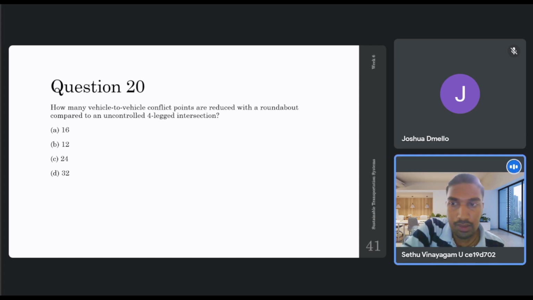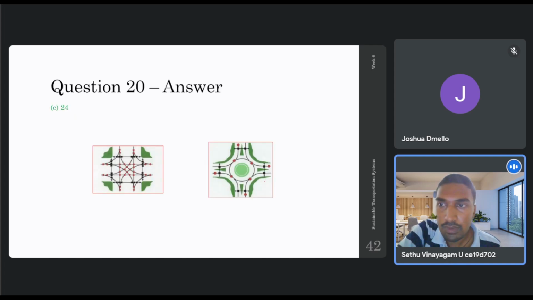Okay, so we have one vote for option C. So the right option is also option C, it is 24.